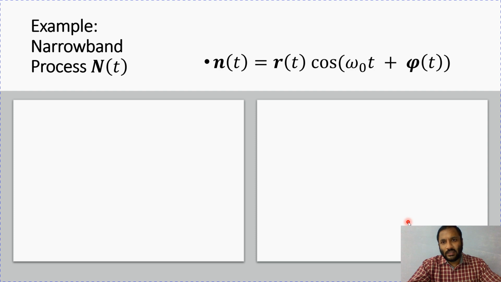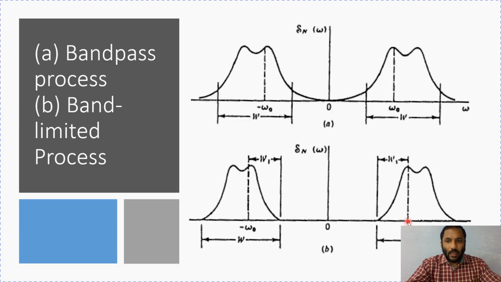That is a band limited signal. And for the band limited signal to be a narrow band process, the condition that must be satisfied is that the bandwidth capital W should be very small compared to the value of omega naught.